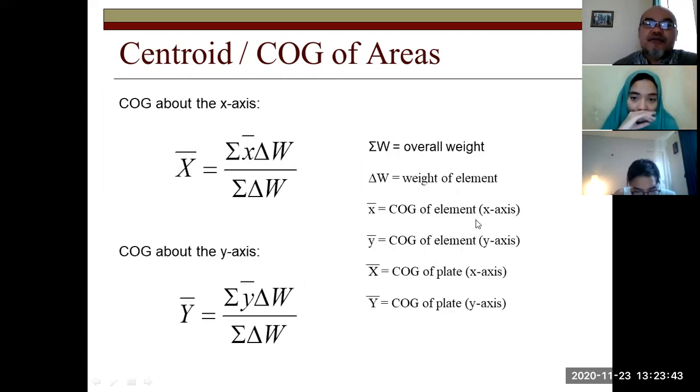So this is the formula now: x upper bar equals sigma small x upper bar delta W divided by sigma delta W.